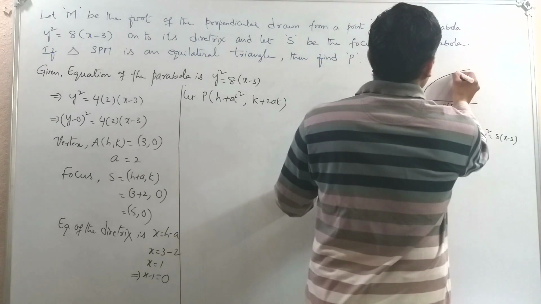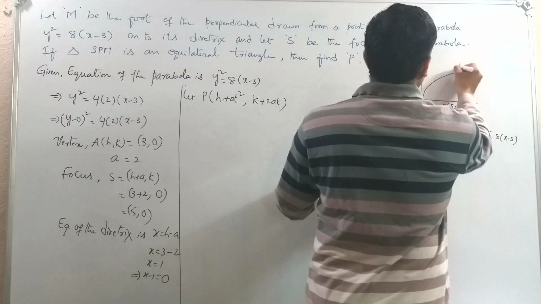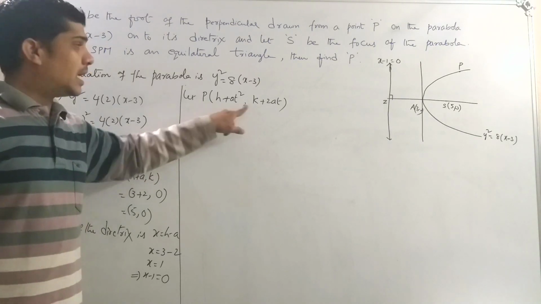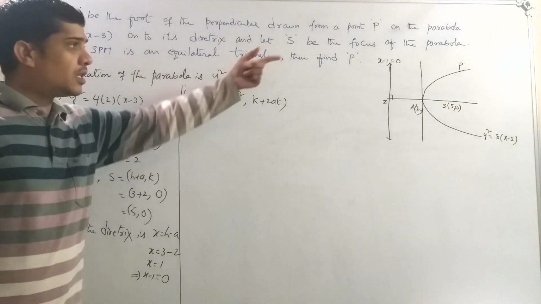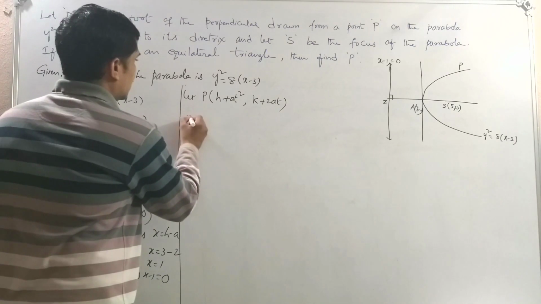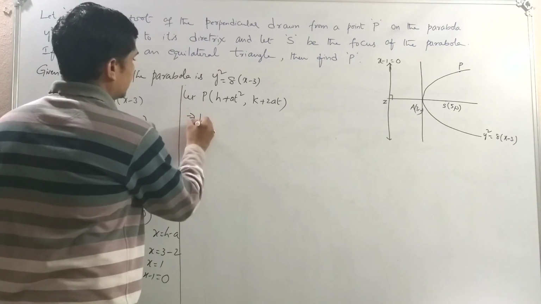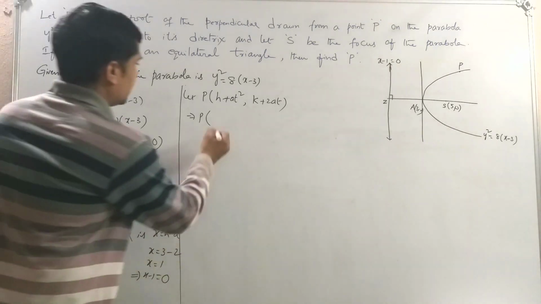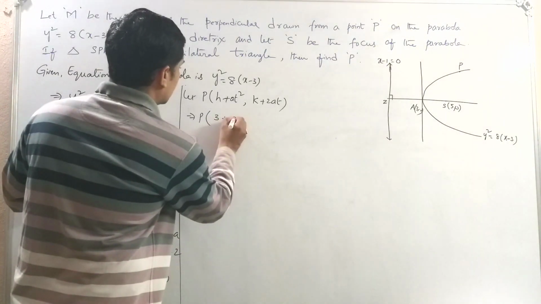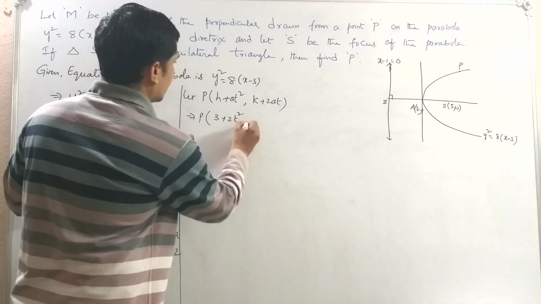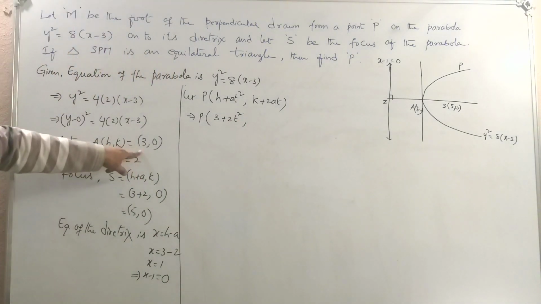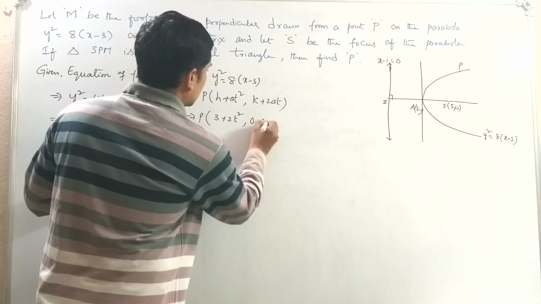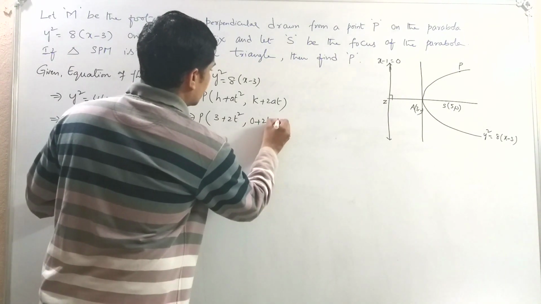So here I am taking the point P. Then P means h value is 3, so 3 plus a value 2, so 2t square, comma k value 0, so 0 plus 2 into a value 2 into t.